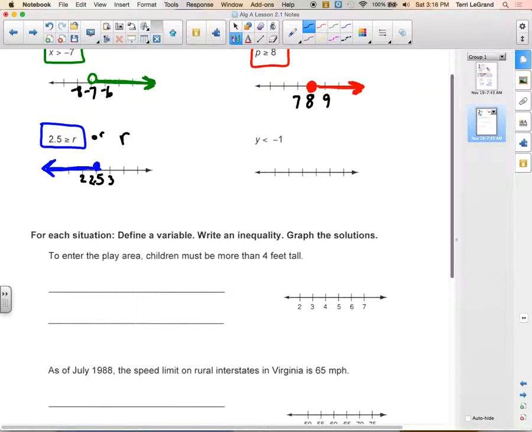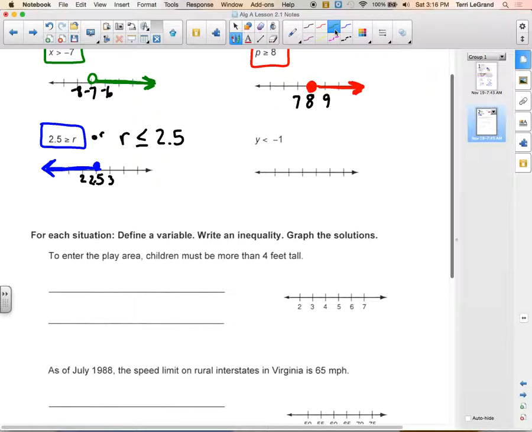So r and 2 and 5/10, 2.5 trade places. The inequality symbol switches direction when we do that. So this now reads r, the shaded region, is less than or equal to 2.5, and we did shade the numbers that are less than 2.5. So we did well.